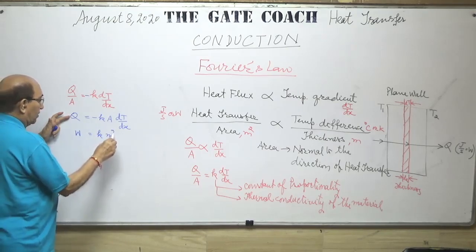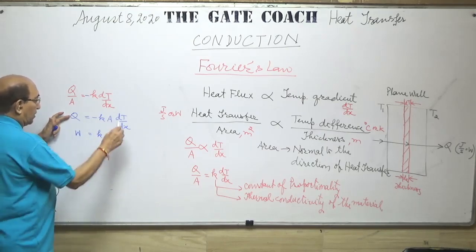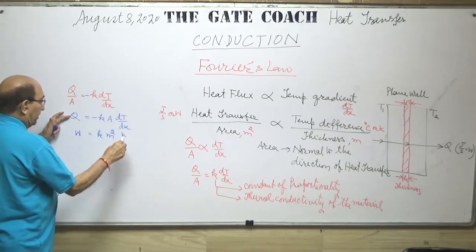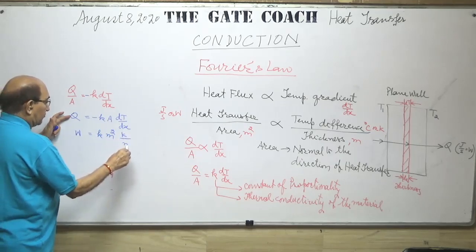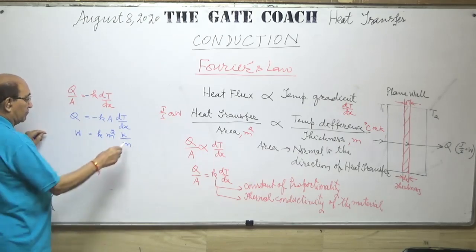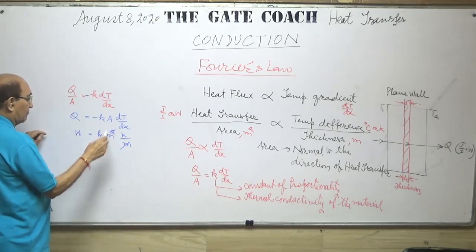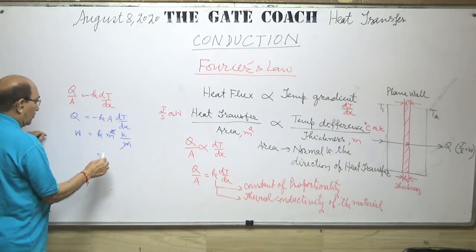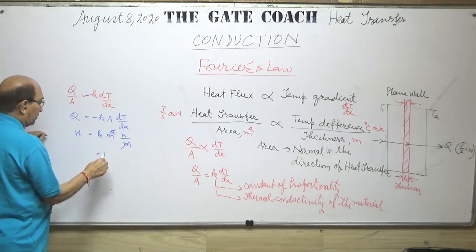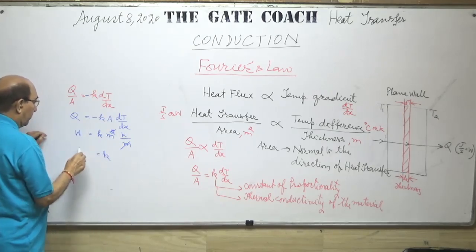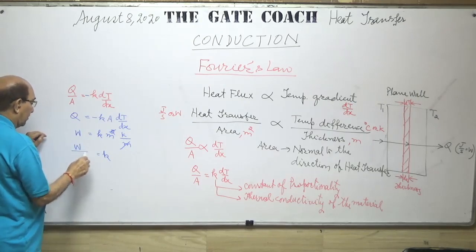A area, meter square. Temperature difference, Kelvin. Thickness, meters. So the unit of K becomes watt per meter Kelvin.